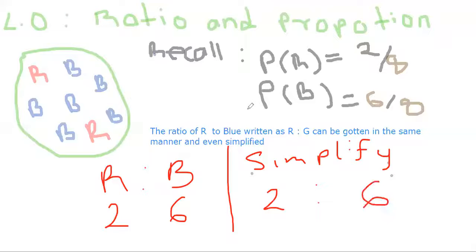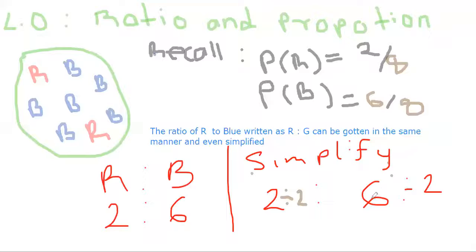I can divide both places by 2. Why am I dividing by 2? It is very important. Because I can see that 2 is a common factor of 2 and 6.